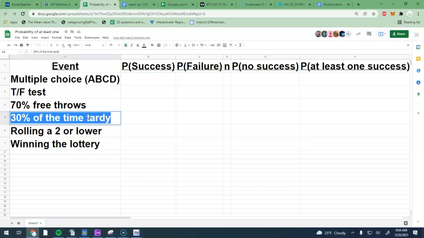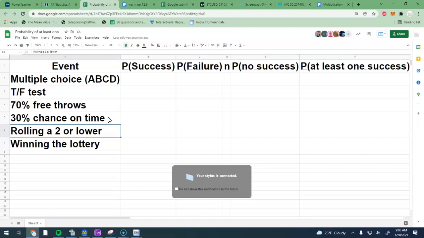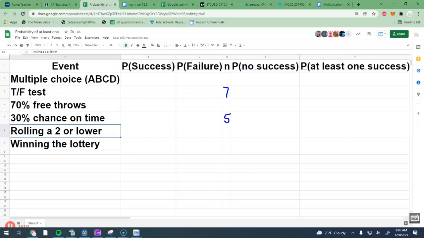Let's make it 30% of the time. 30% chance of time. And how many times have we tried that? I forgot. It's 1 through 4.